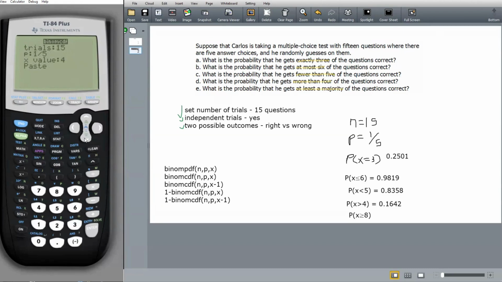And then my x in this case is going to be 8 minus 1. Just like before, I can double check to make sure that my entire probability matches the preview that I'm supposed to have. I have my 1 minus binomial CDF n, comma, p, comma, x minus 1. Then I can press enter and I can see that the probability that he gets at least a majority is 0.0042.